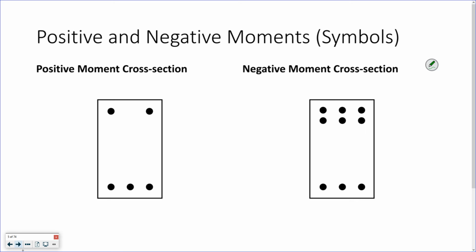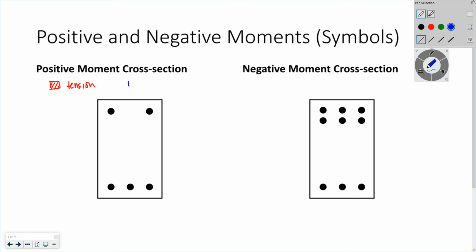So we're going to talk about the symbols that we use. For both of these, red is tension, and blue is compression.